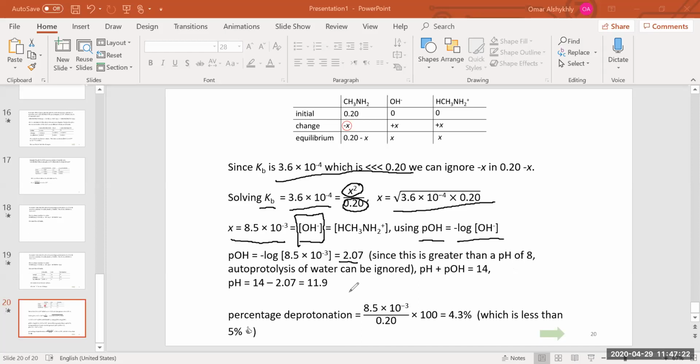And later we will find the pH, which is 14 minus 2.07, and that will give you approximately 11.9. Just to check the percentage deprotonation, which equals the X divided by the initial times 100, equals 4.3%, which is less than 5%, so our approximation is valid.